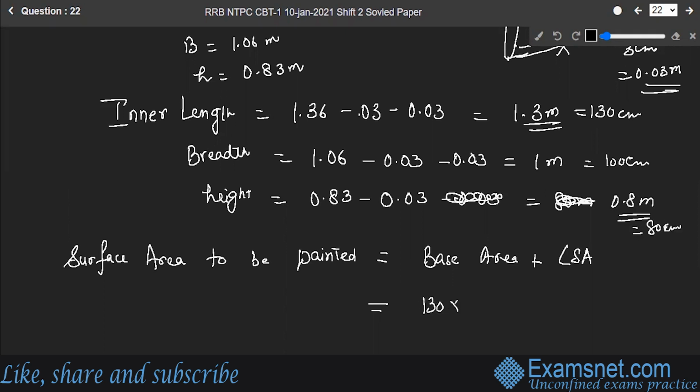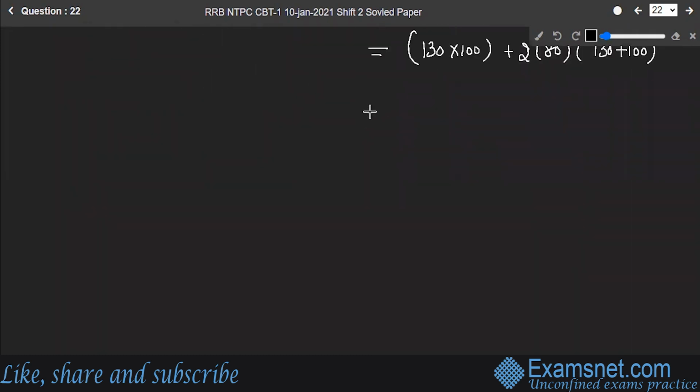So 130 multiply 100 plus 2 into 80 into L plus B. So this is equal to 13,000 plus 1600 into 230. This gives you 36,800. That is equal to 498,000 centimeter square.